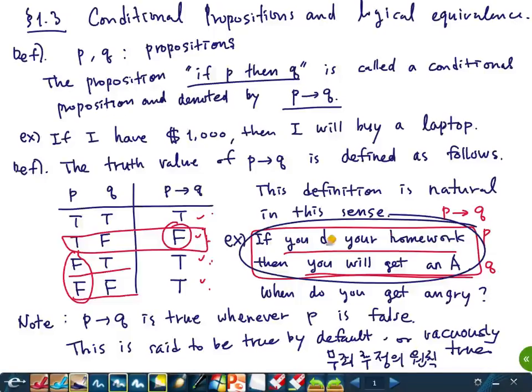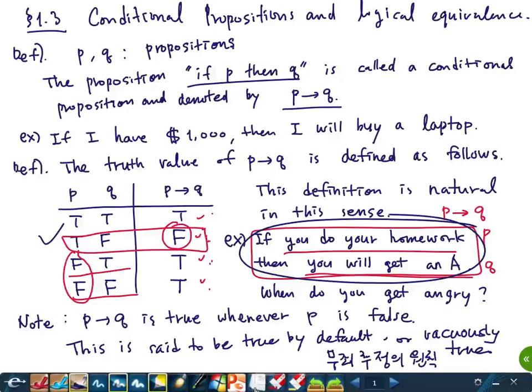It's true, because there was no homework. Vacuously true. It will be false only if we have a student who did homework but did not get an A. That's the only situation when this is false. Other than that, if there's no homework, of course it's true. Remember that.